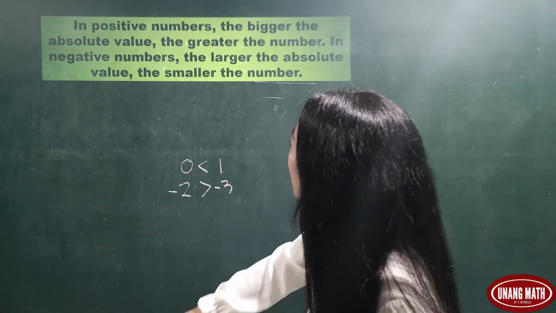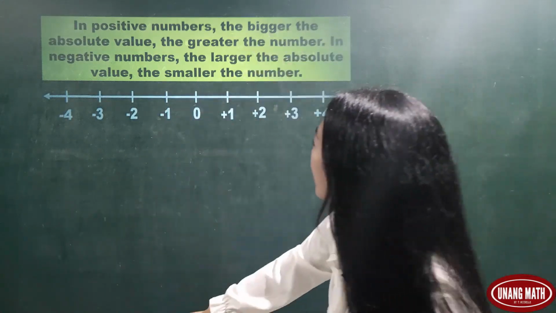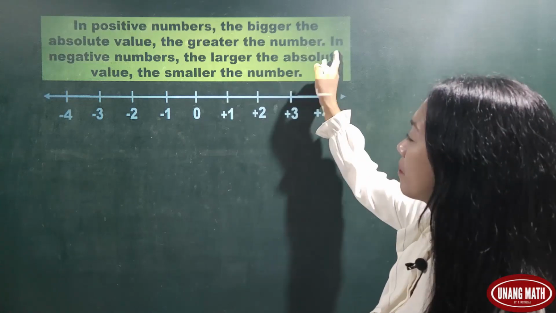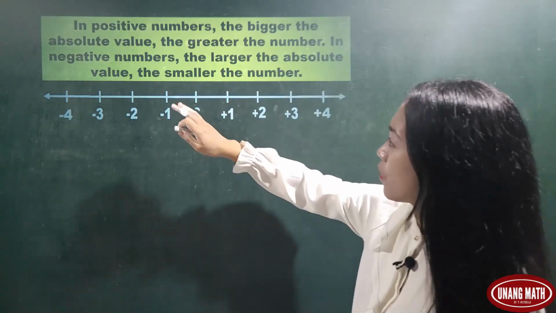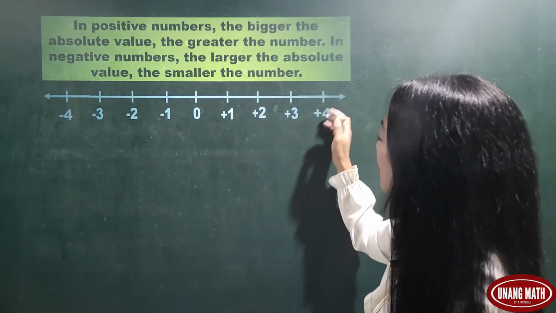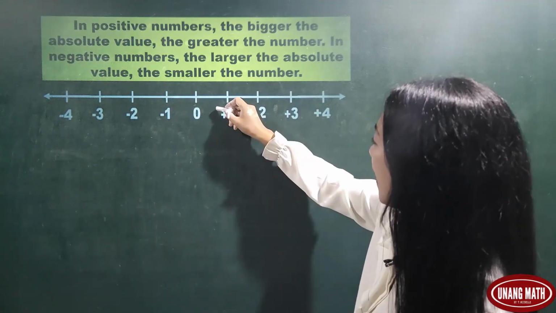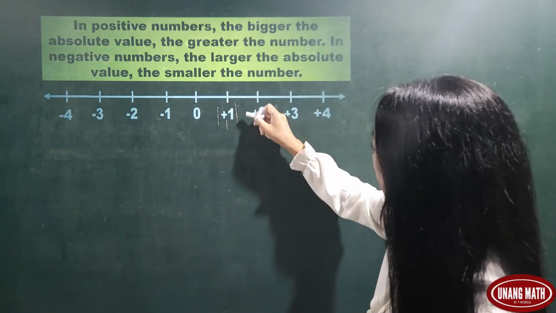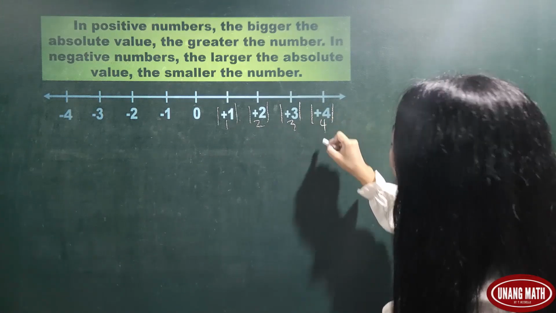In positive numbers, the bigger the absolute value, the greater the number. In negative numbers, the larger the absolute value, the smaller the number. These are the positive numbers and these are the negative numbers in this number line. Absolute value of positive 1 is 1, positive 2 is 2, positive 3 is 3, positive 4 is 4.